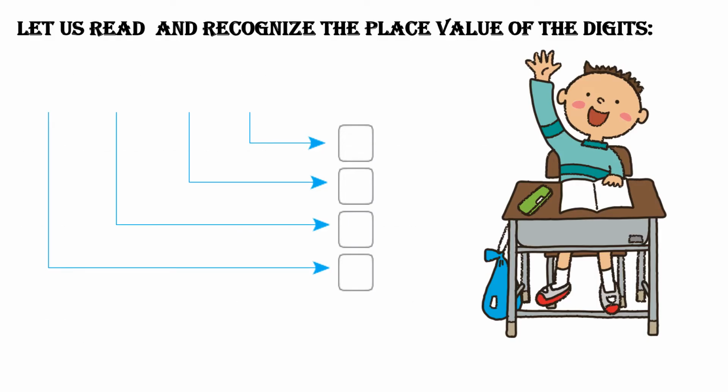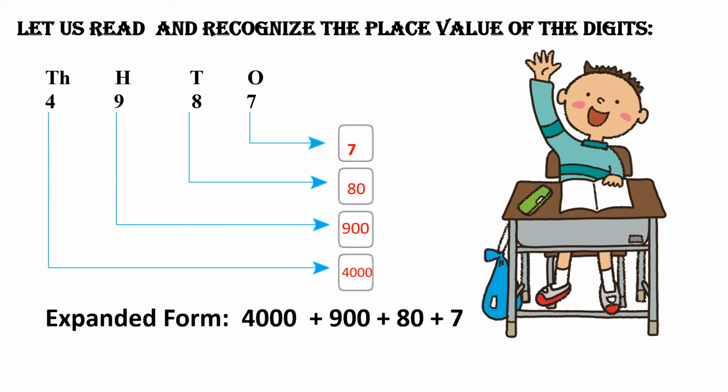Let us read and recognize the place value of the digits. So here I have the number and I have written the place values on the number. So I have 7 in ones place, 8 in tens, 9 in hundreds and 4 in thousands. So we have 7 ones, 8 tens which is 80, 9 hundreds which is 900 and 4 thousands which is 4000.